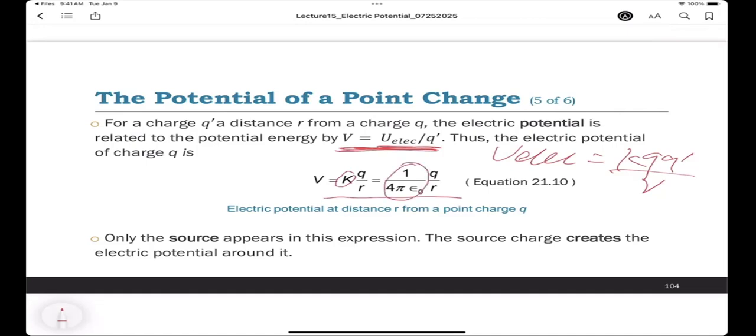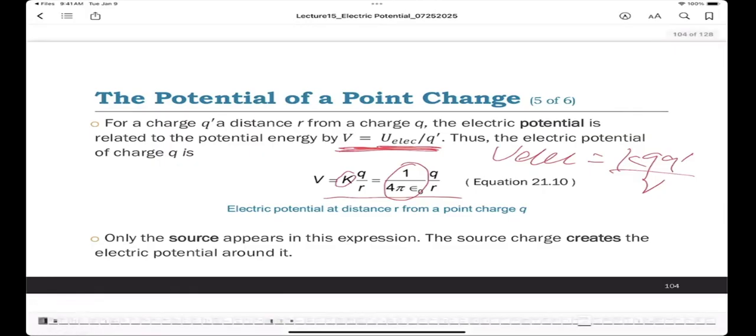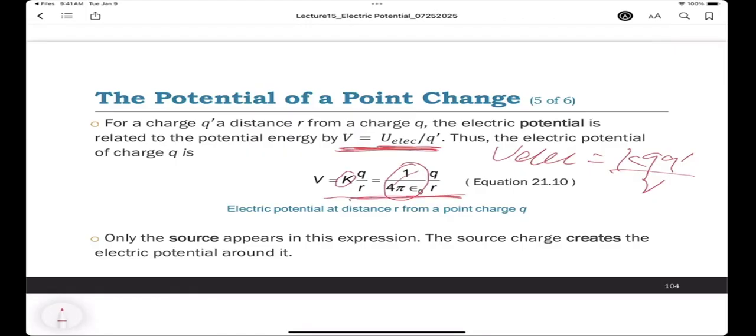Only the source appears in this expression. The source charge creates the electrical potential around it.